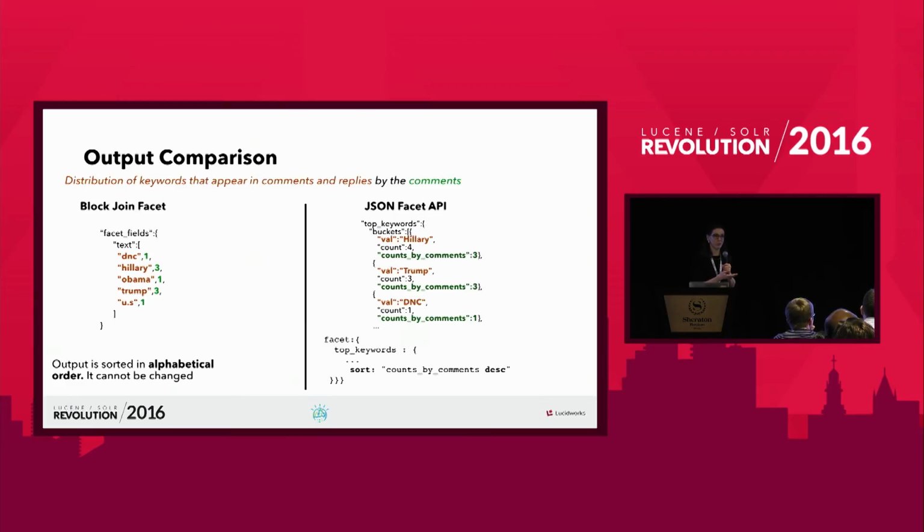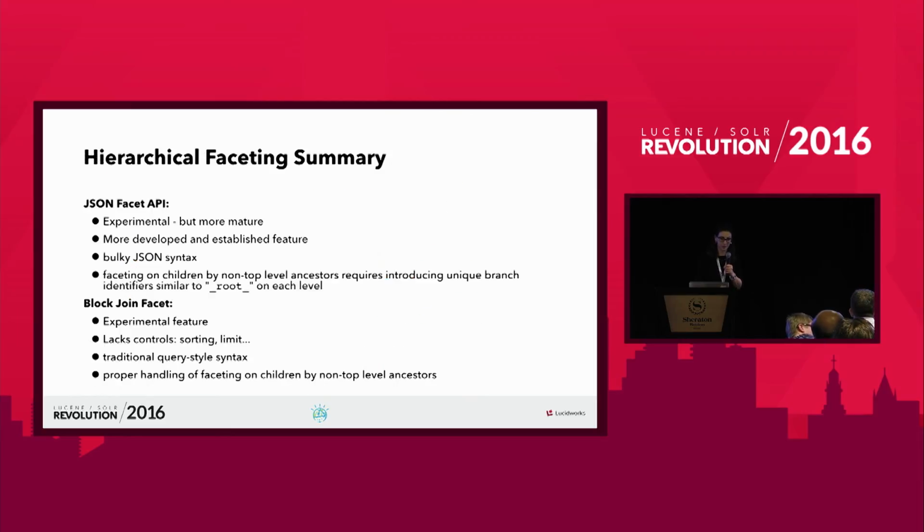The advantage is that it has nice syntax, much more similar to the one we had in block join queries, but right now it doesn't have limit or sorting, whereas the JSON Facet API is way more mature. The only point is that it needs some pre-processing to do more complex queries, but we have this sort parameter where I specified to sort them by descending order of counts, so it's all here.